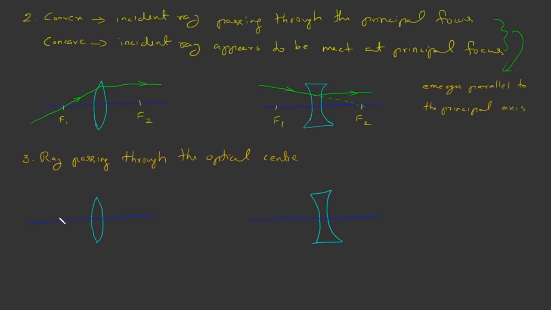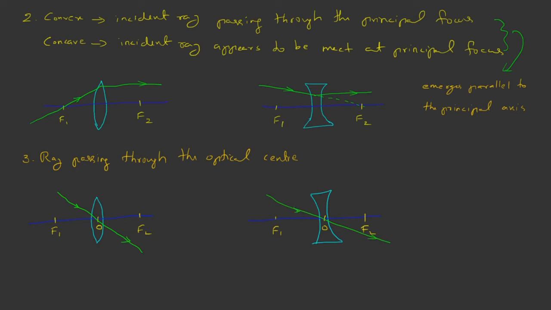Mark the principal focus f1, f2 for both the cases. Also mark here the optical center O. In this case, we are going to draw the light ray passing through the optical center. In both the cases, the light ray passing through the optical center will pass without any deviation.